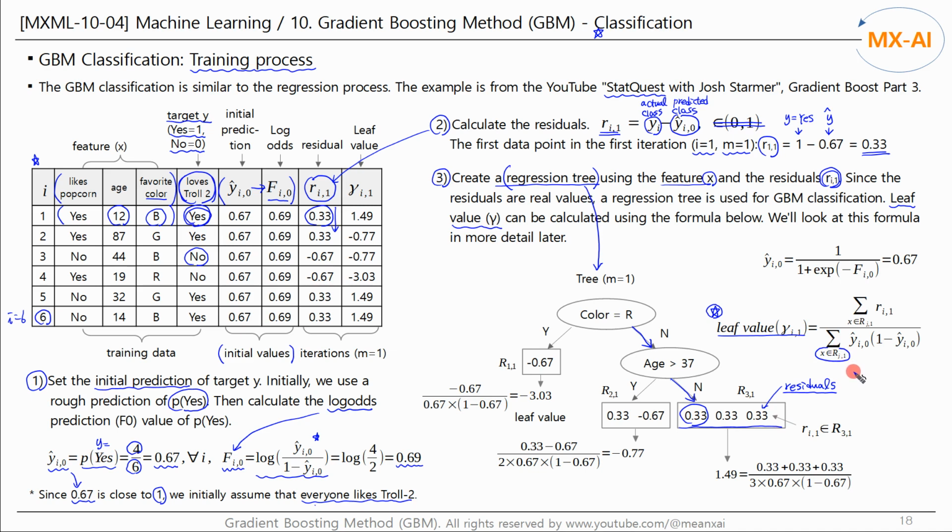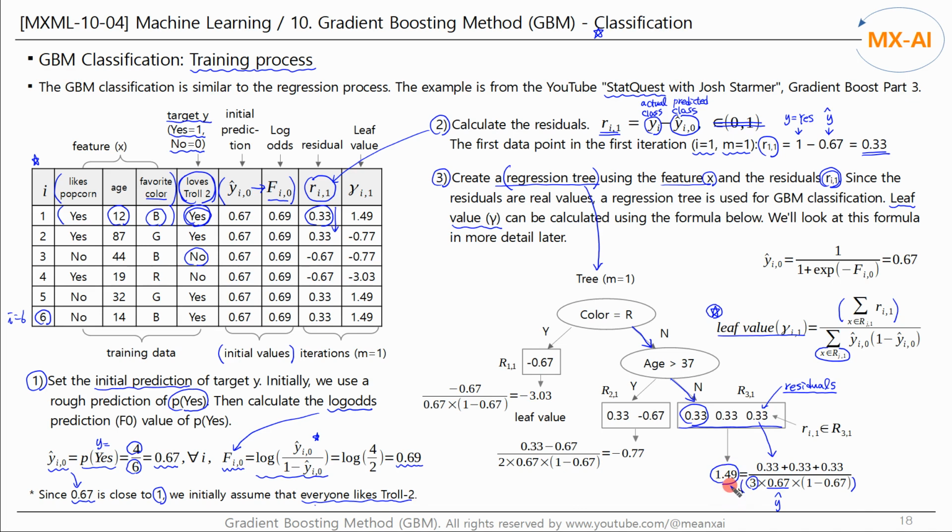The initial estimates are all 0.67. This leaf node contains 3 data points. So the denominator calculation is like this. And the numerator is the sum of the residuals. Adding up all of these residuals is like this. Then the leaf value comes out to 1.49.